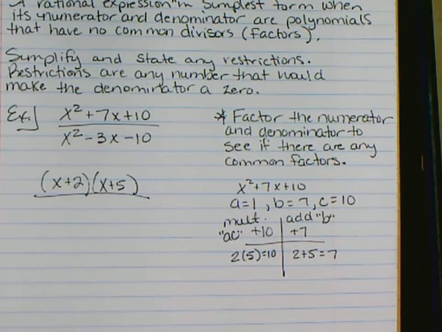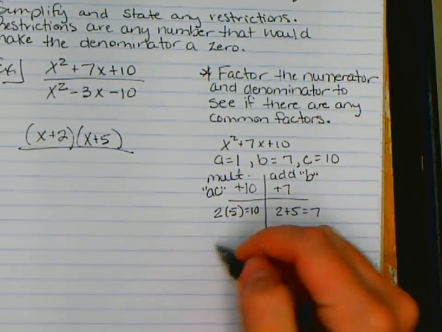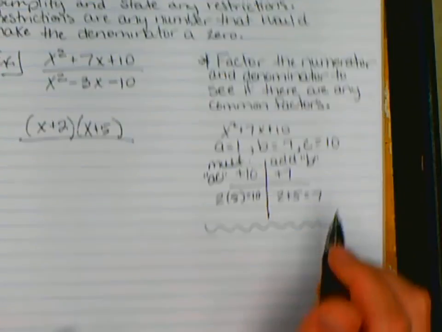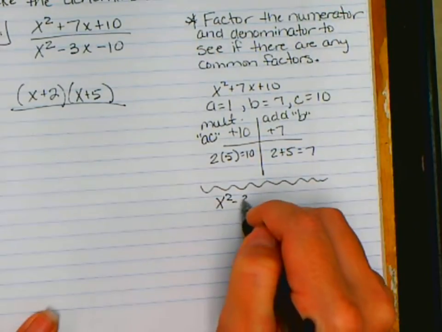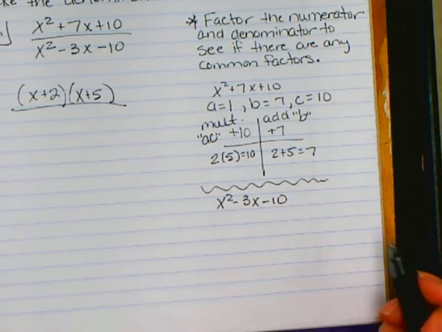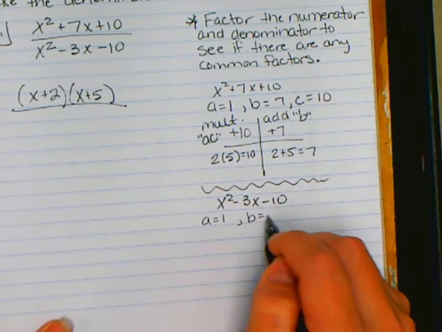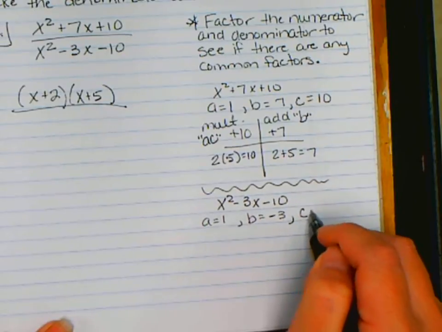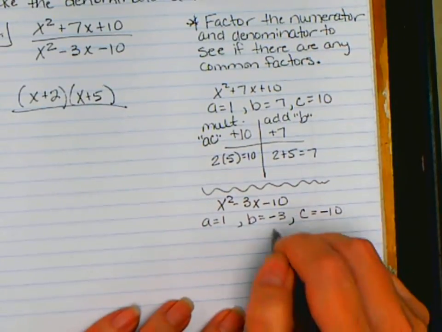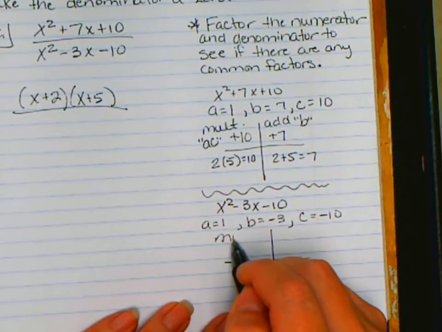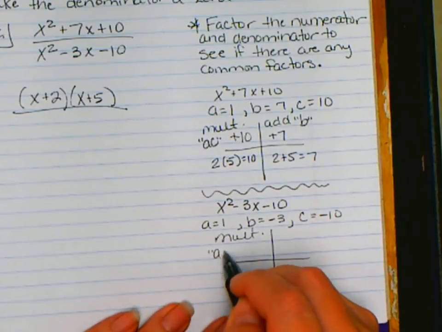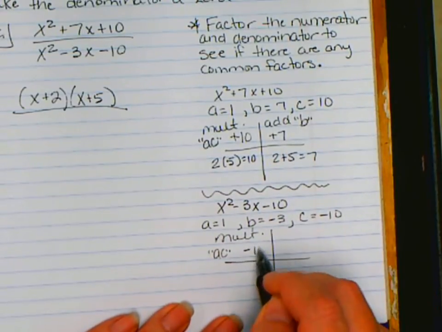All right, let's try to factor the denominator. So my denominator, A is 1, B is negative 3, and C is negative 10. We need two numbers that multiply together to give us A times C, which is a negative 10.